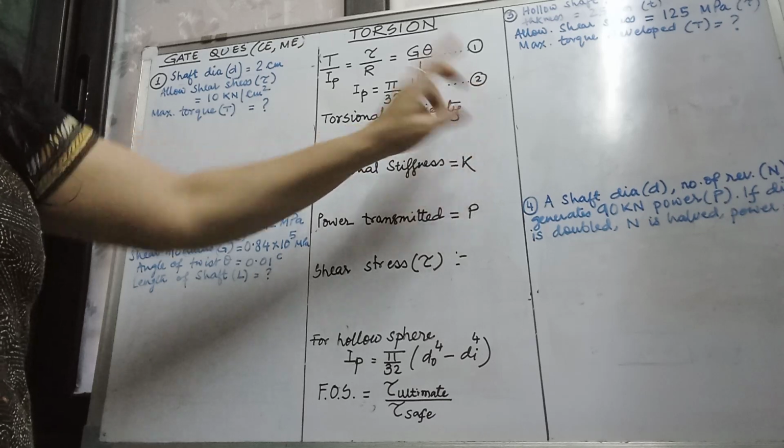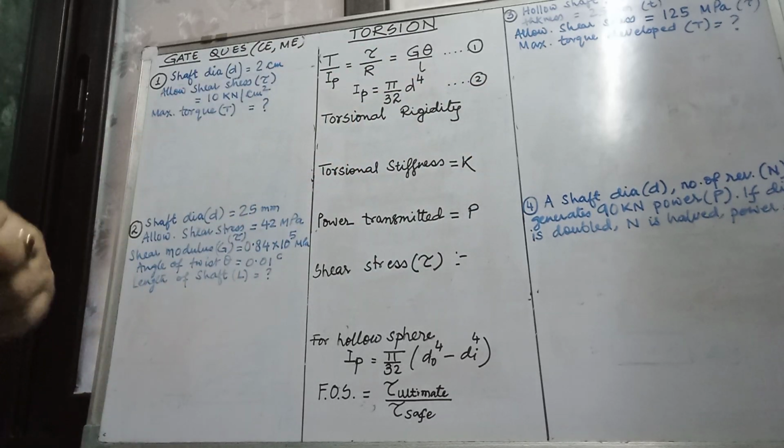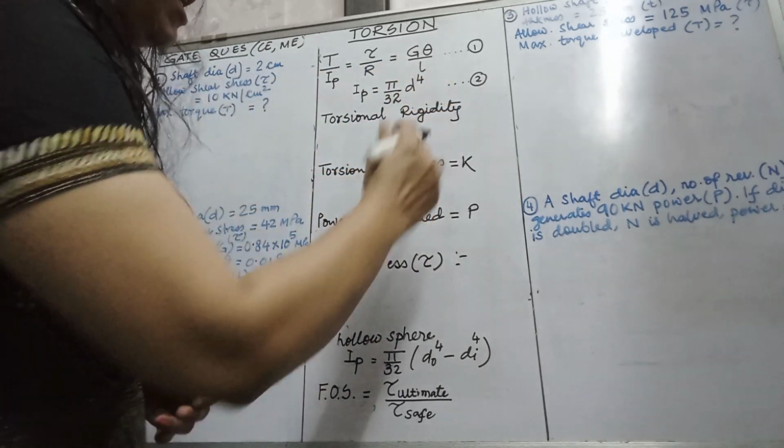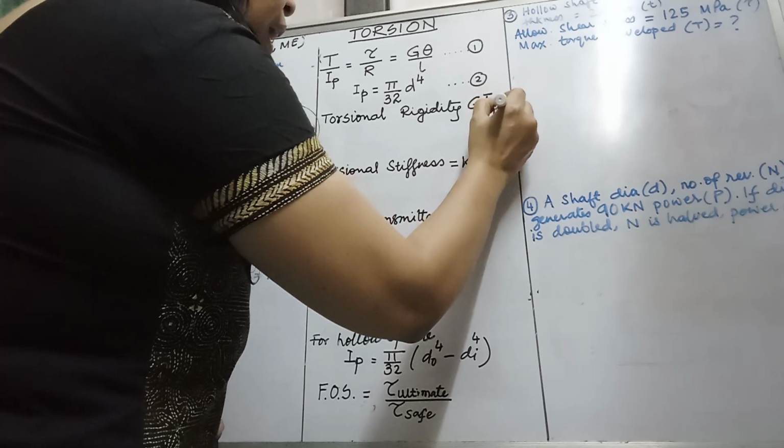Now we come to the next concept, torsional rigidity. Torsional rigidity is denoted as GIP.